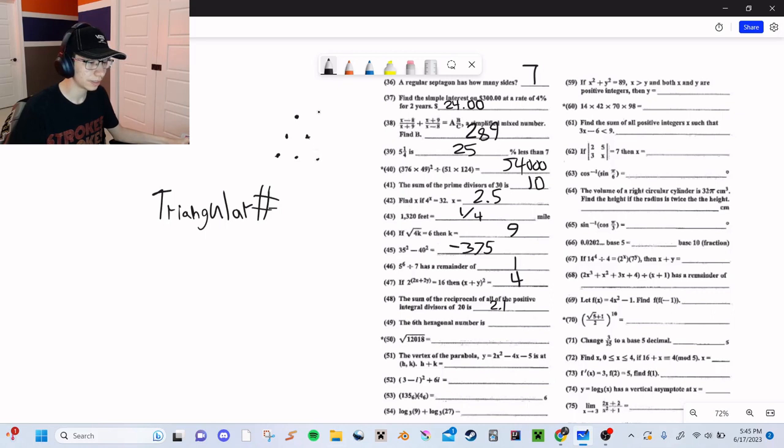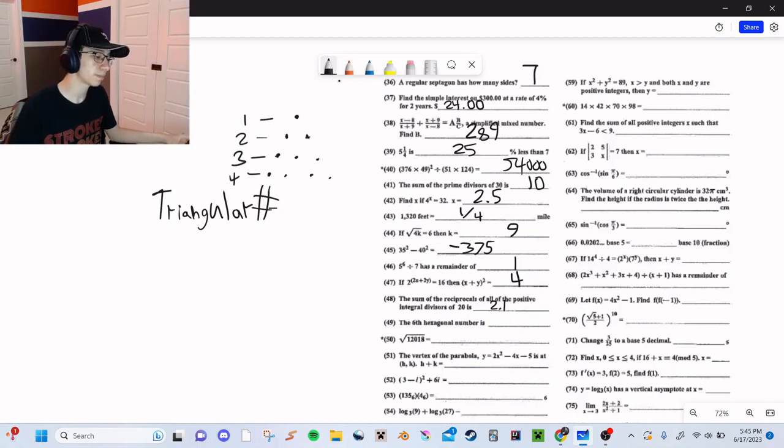Then this triangle right here, that's the third triangular number. And this number right here, the number of dots I use to make this triangle, that's the fourth triangular number. So if it has 1 row, it's the first. 2 rows, it's the second. 3 rows, it's the third. 4 rows, it's the fourth.